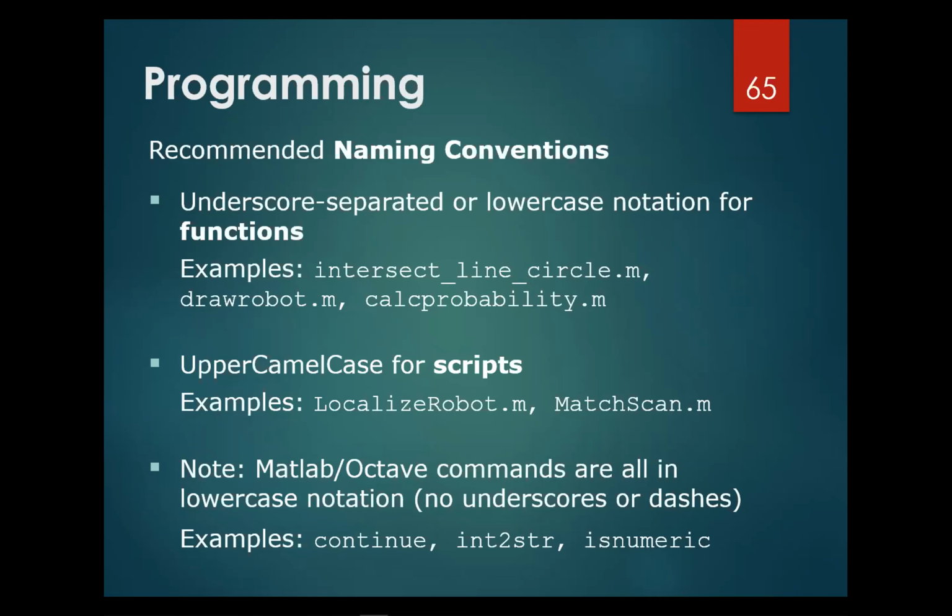You can also use underscore to connect two words or characters to form a variable name. An example is interest_line_circle. It can be a variable name or a function name or anything of that sort. Remember, variable names do not take embedded blanks.